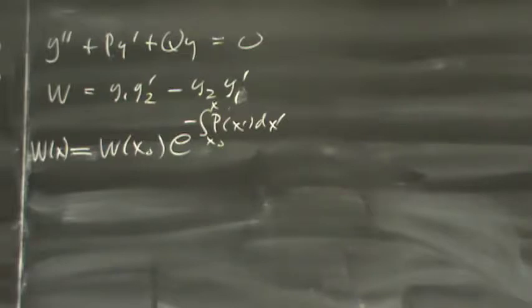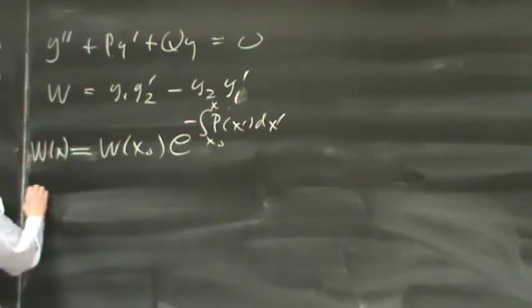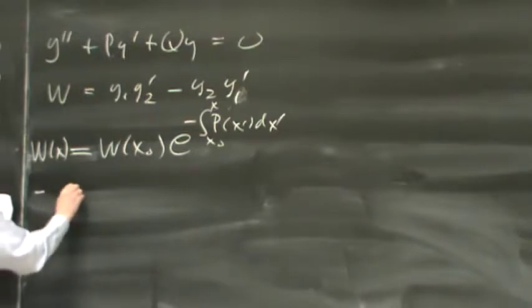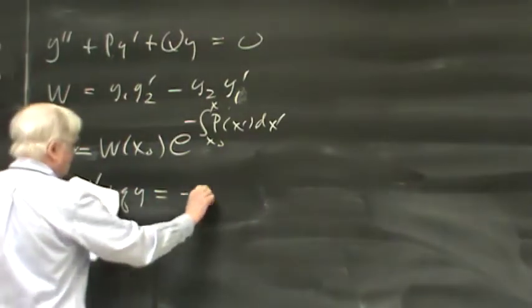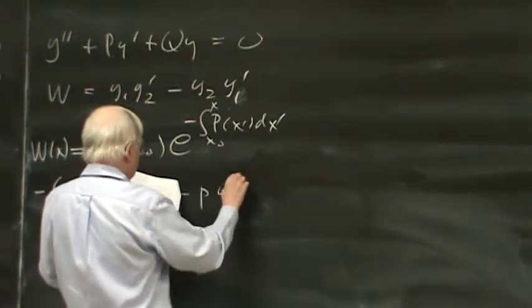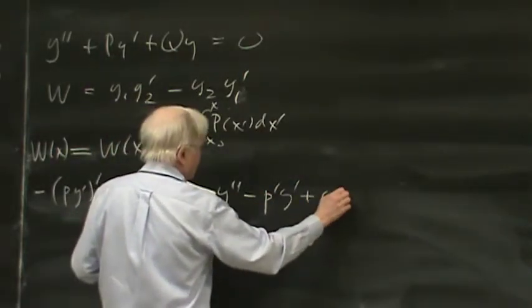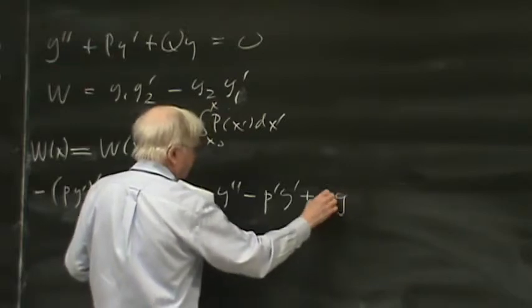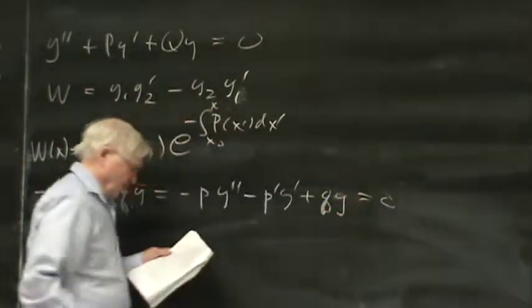Now, when we have an operator in formally self-adjoint form, what we can see is that the differential equation is minus p y prime plus qy, which is minus p y double prime minus p prime y prime plus q y, say equals 0 is the equation.